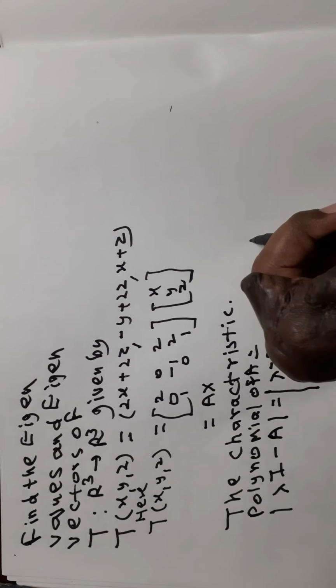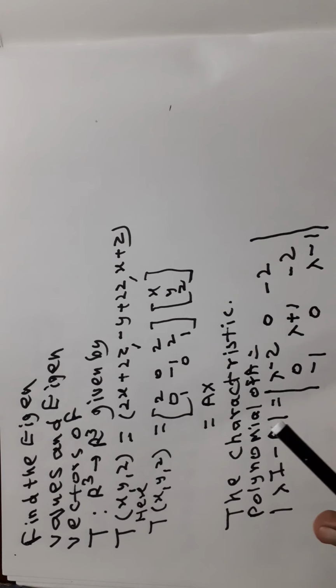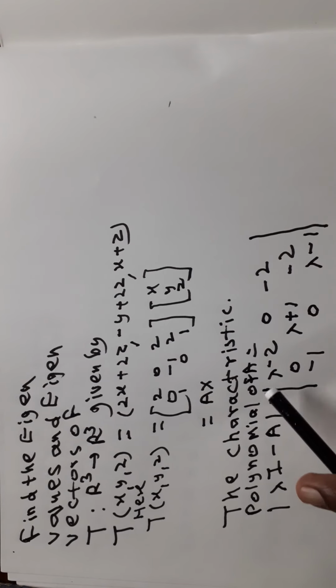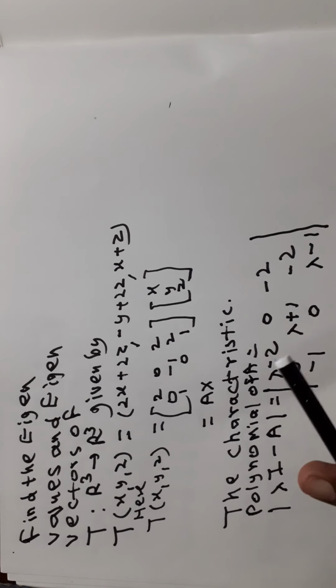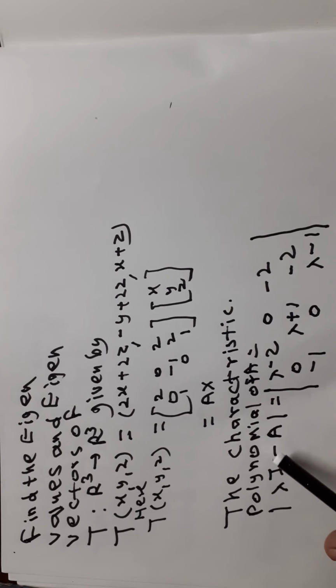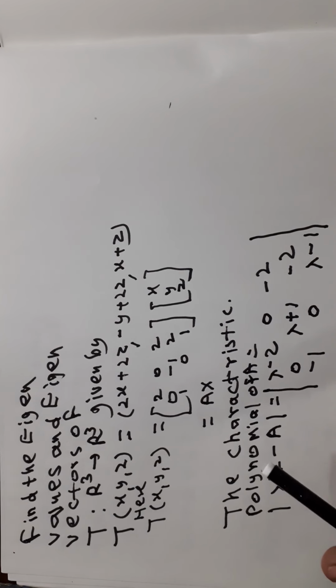See here, this polynomial in the form of a 3 by 3 determinant is the characteristic polynomial of matrix A.